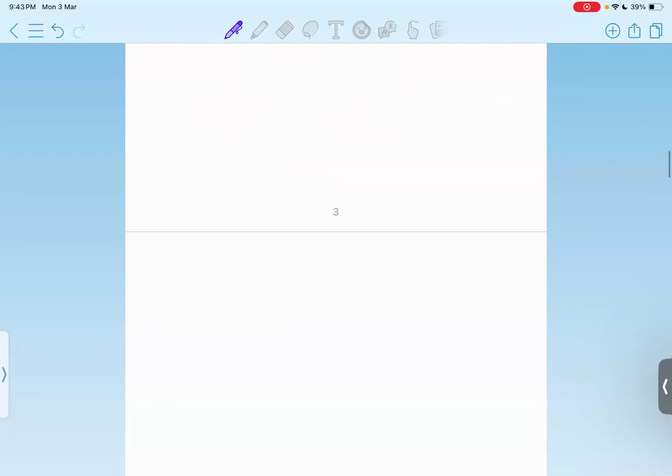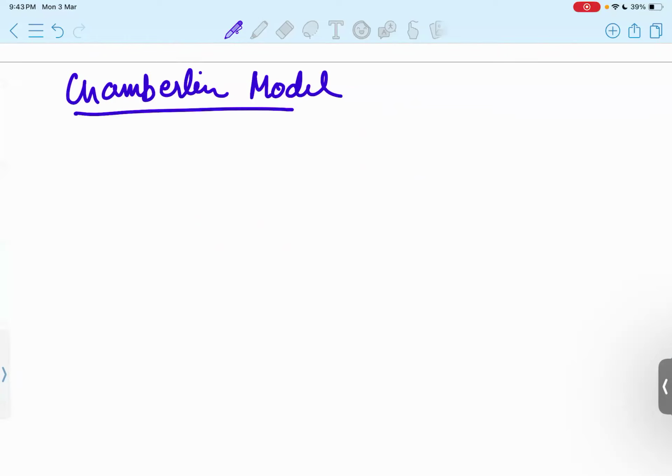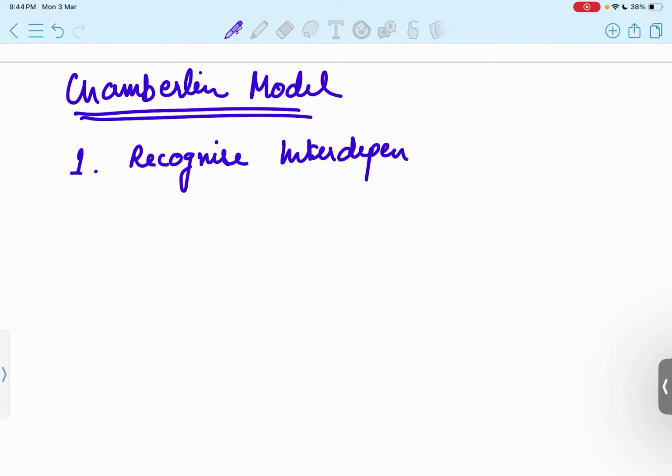Now we move on to the Chamberlin model. In the case of Chamberlin, this is the most practical and the most flexible model under oligopoly. They recognize the interdependence. These are the only two models which recognize interdependence, and also the firms are learning from each other.